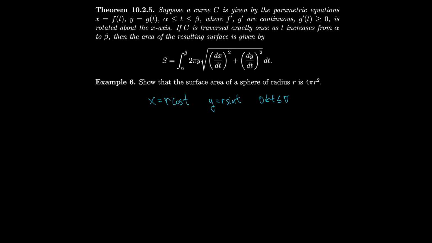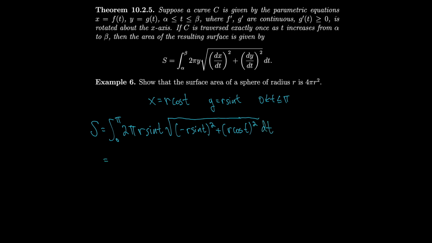So we end up with the surface area S equal to the integral from 0 to pi of 2 pi times our y value, which is r times r sine t, times the square root of minus r sine t squared, because that's dx dt squared, plus r cosine t squared, because that's dy dt squared.